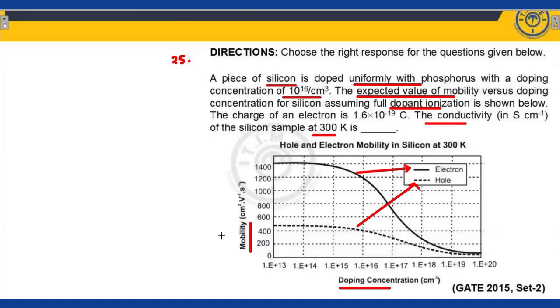Very important: he has given that the silicon is doped with phosphorus. Phosphorus is a pentavalent impurity.